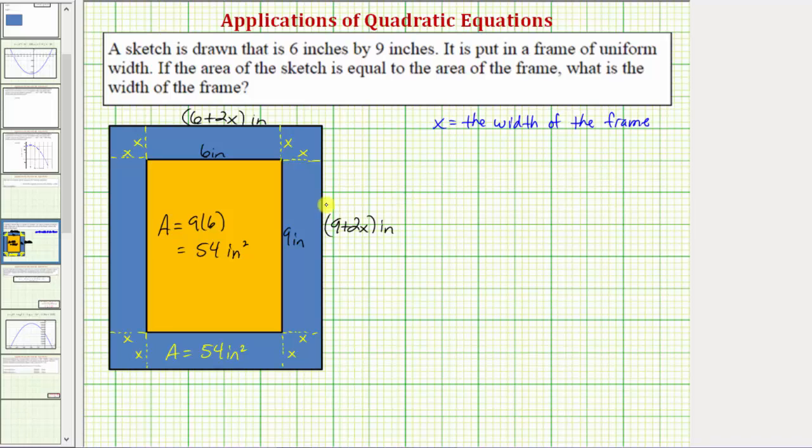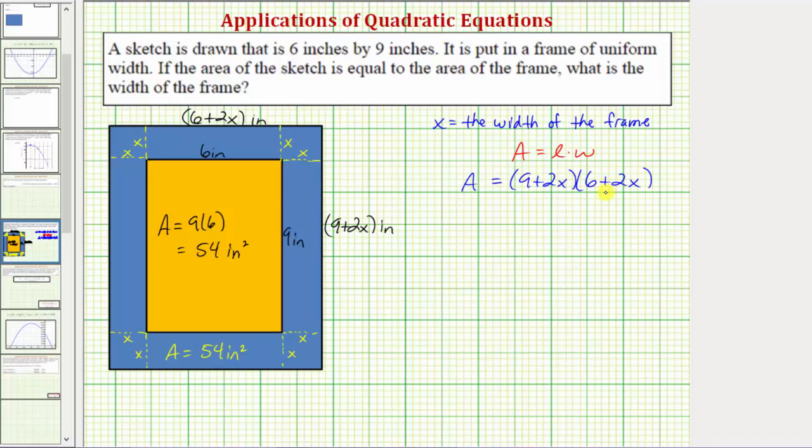And now we'll set up an equation for the area of the larger rectangle, which includes the area of the sketch as well as the area of the frame. Again, we know the area of a rectangle is equal to length times width. So the area of this larger rectangle, A, is equal to the quantity 9 plus 2x times the quantity 6 plus 2x.